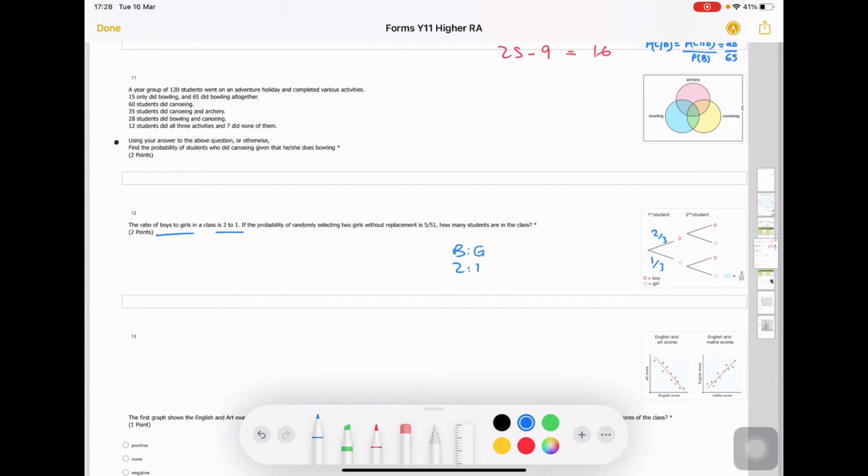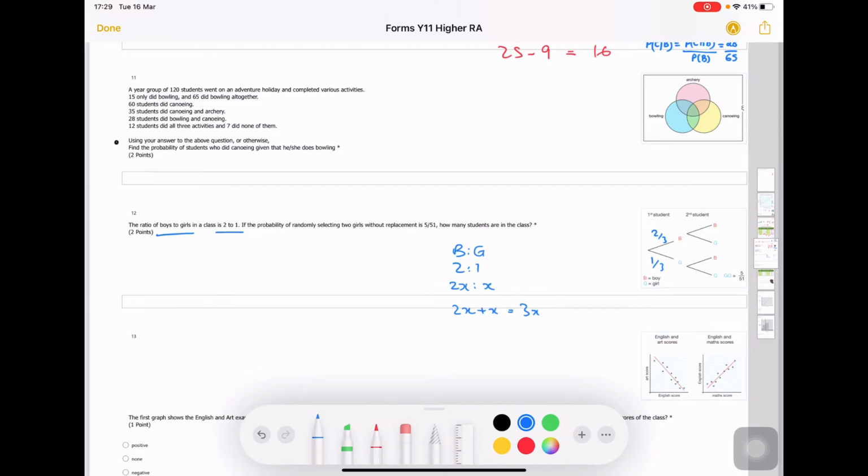But let's think about how many students are in the class. Let's just say 2x, where 2x plus x equals 3x, and that would be the total number of students in the class.